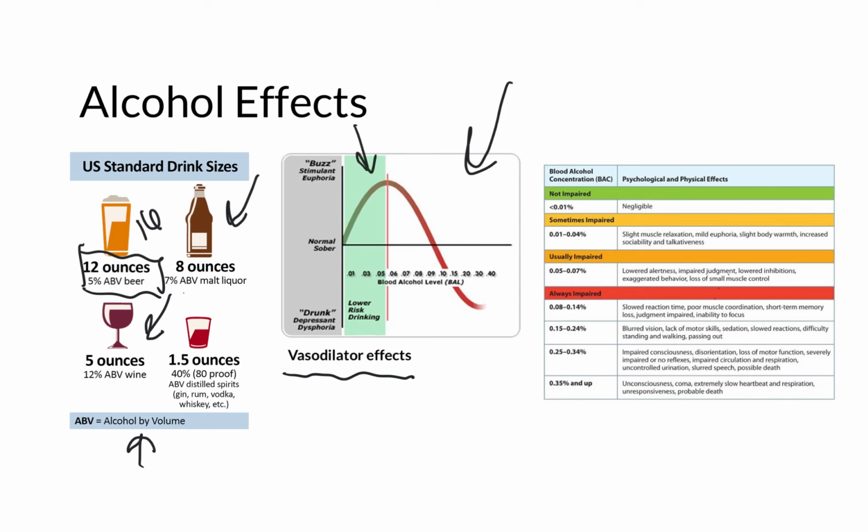Once you get over about a 0.05, which is about 2 drinks, let's say, then we start to go from stimulant into sedative characterization of that drug, where rather than having these euphoric, buzzed types of feelings, you start to feel kind of tired and things in the brain start to slow down.